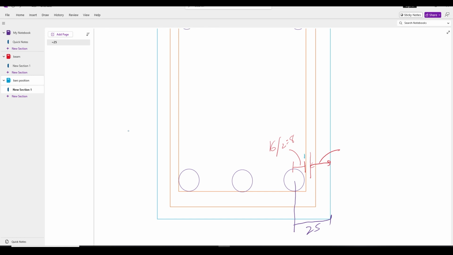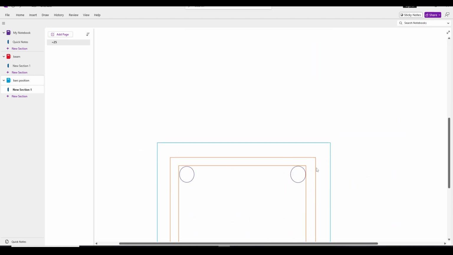From the end of this bar to the mid of the stirrup will be 4 mm, because the total dia of the stirrup is 8, so half the dia will be 4. So it will be 25 minus 8 minus 4, that is 13 mm.